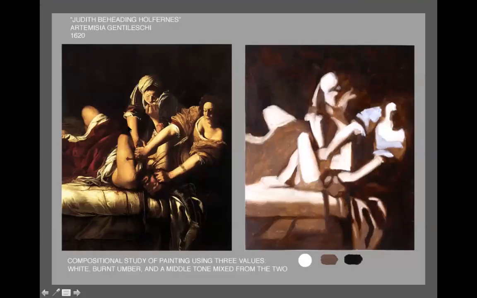Notice in this Artemisia painting, this dark area here has detail in it and it's a kind of irregular shape. But in this simplification, it's been turned into a kind of triangle. Do you see that? Yeah. So you're simplifying it into large masses and large shapes.